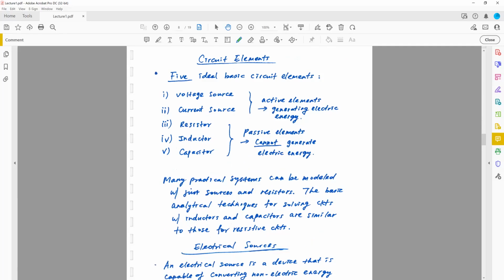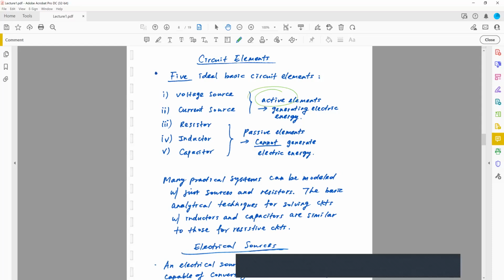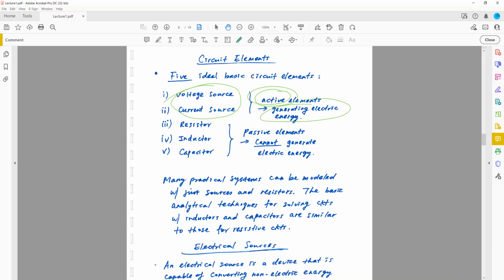The first two are voltage source and current source, and these are considered active elements. By active element, I mean these sources can generate some kind of energy.